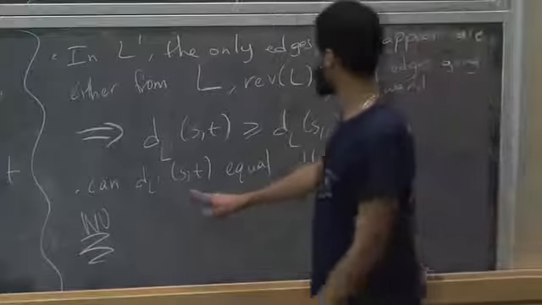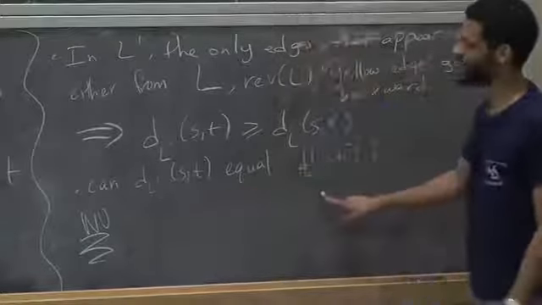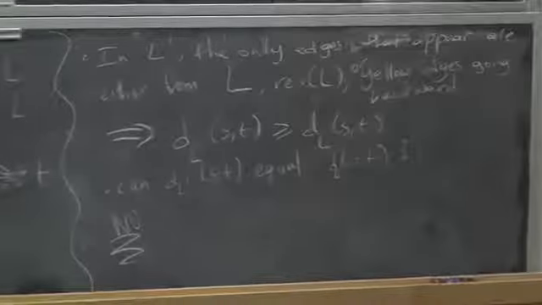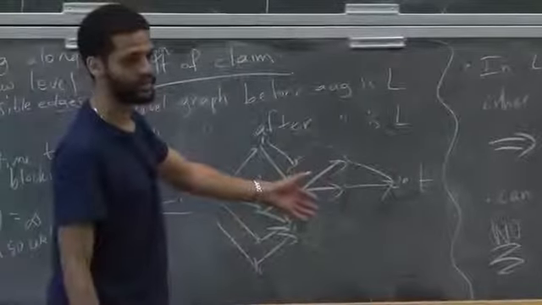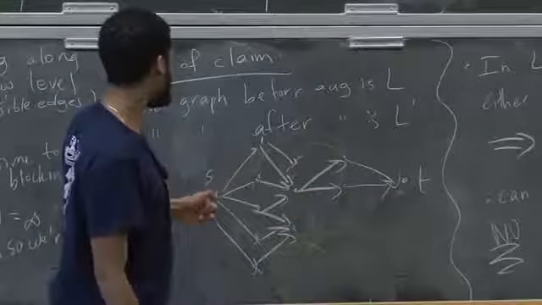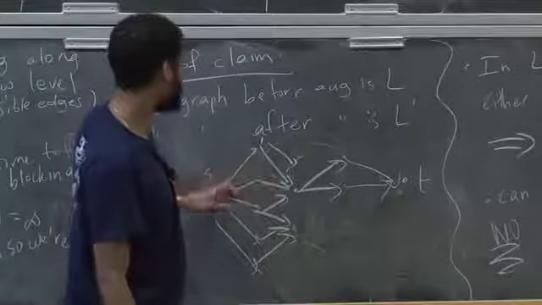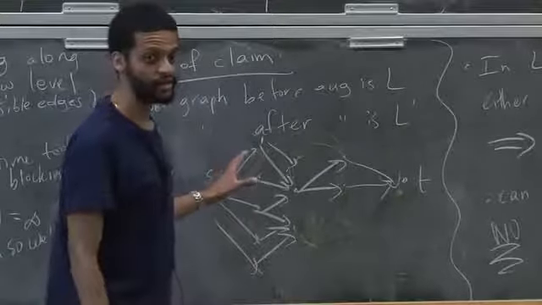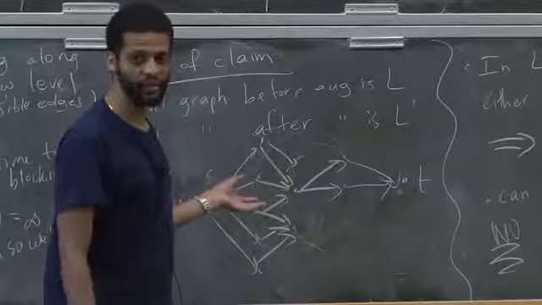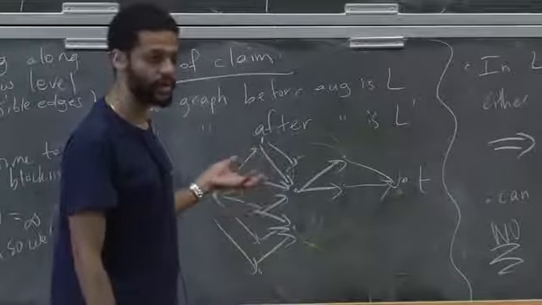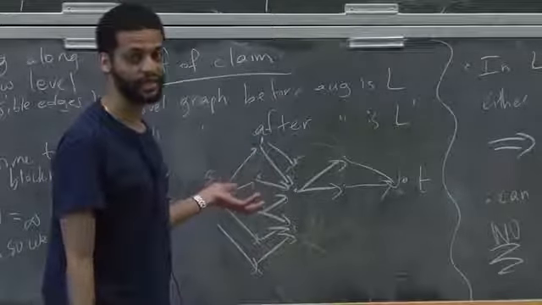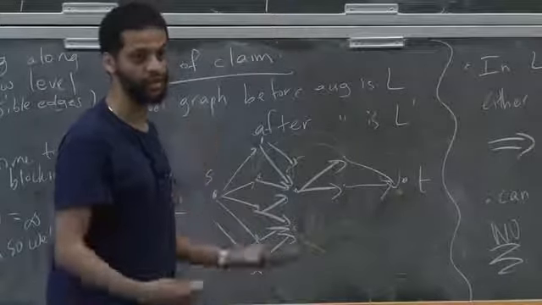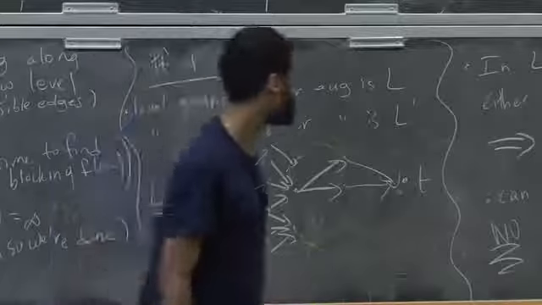If the shortest path distance in L prime were the same as in L, that means all the edges in that shortest path would be L edges. That means there's a path in L prime which also exists in L. But by definition of blocking flow, at least one of the edges on that path has to have been saturated. So that entire path cannot possibly be in the new residual graph. So it wouldn't be in L prime.